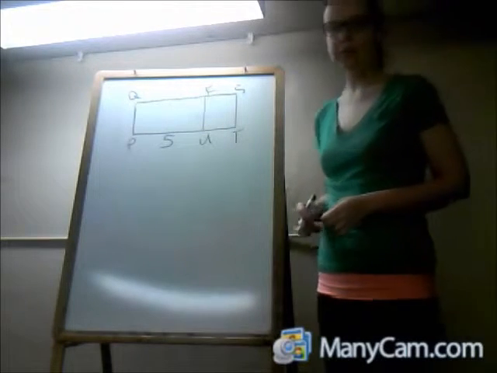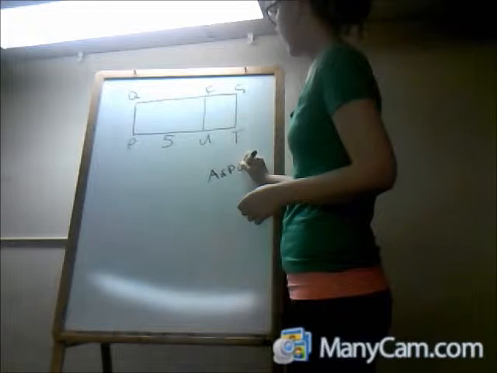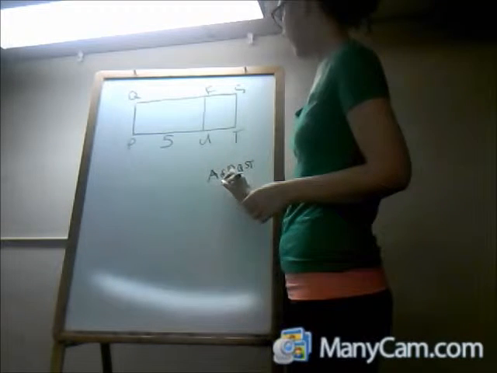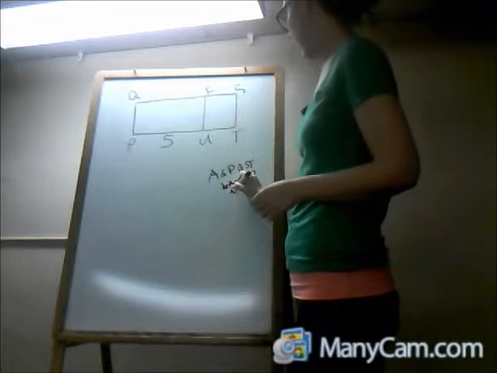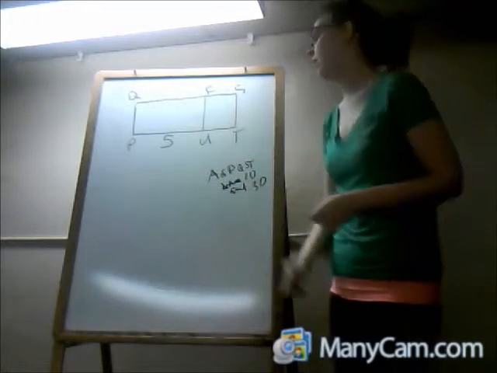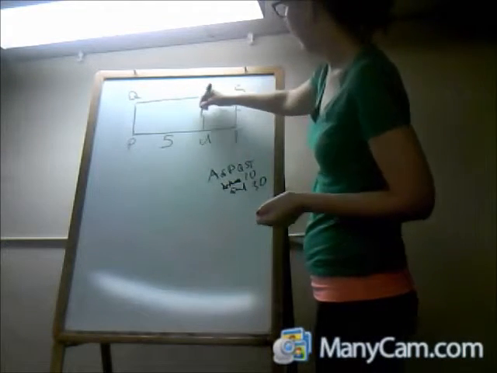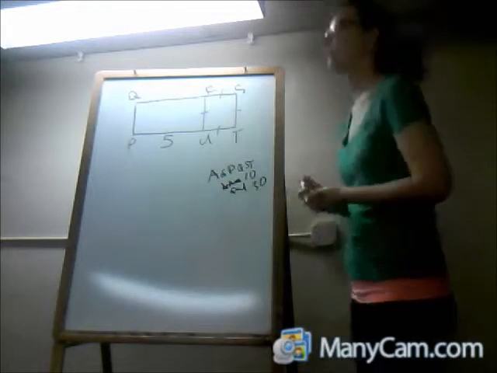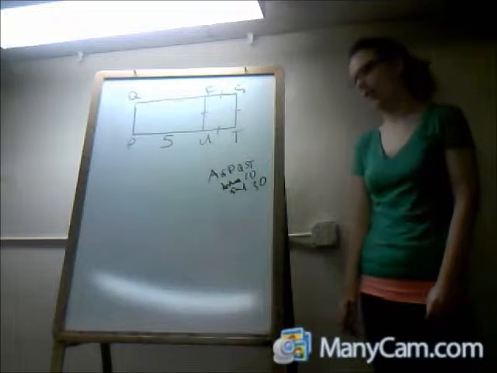Okay, so they're saying that the area of PQST is between 10 and 30. They're also telling us that URST is a square. So essentially, this is a plugging in situation again.